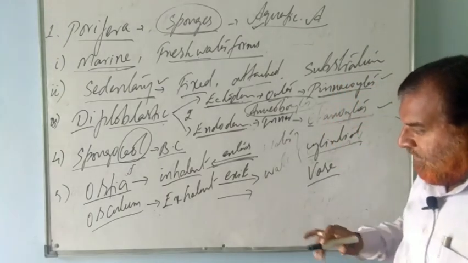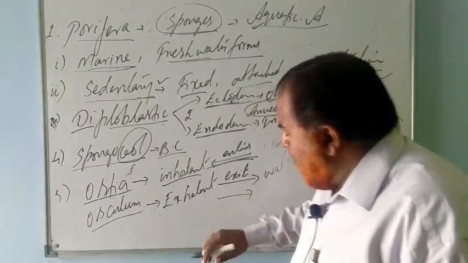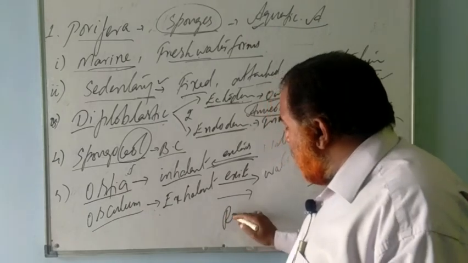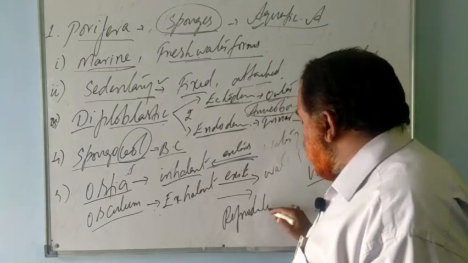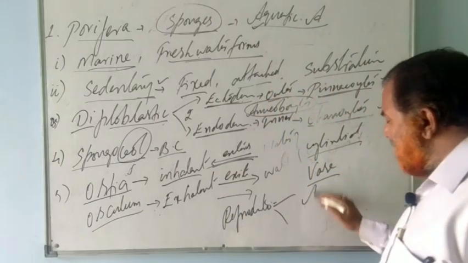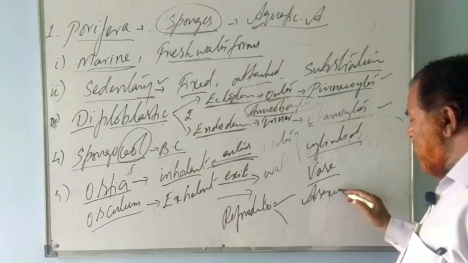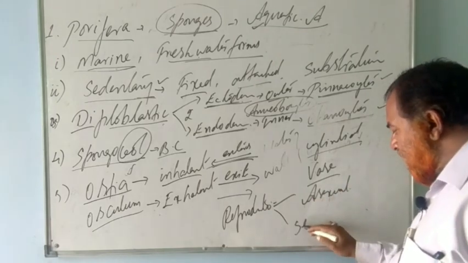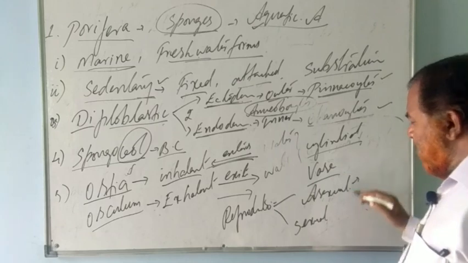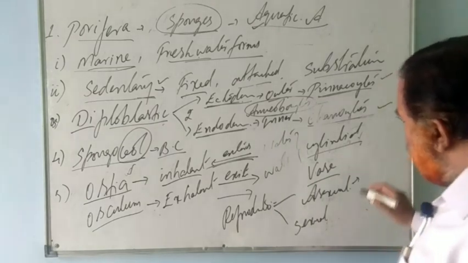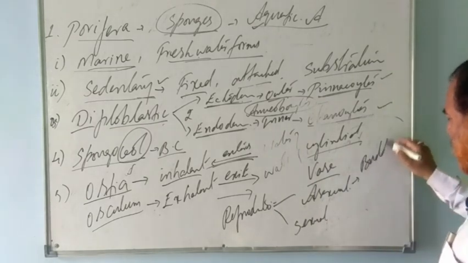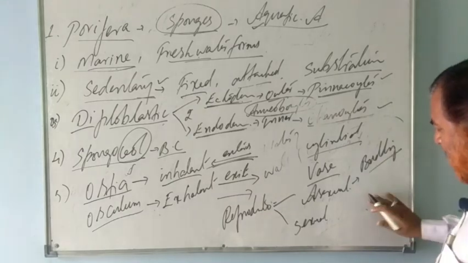Next, main points about this: the reproduction. Reproduction is by both asexual and sexual means. What do you mean by asexual? You have studied in other chapters: without the formation of gametes. Asexual reproduction takes place by means of budding.